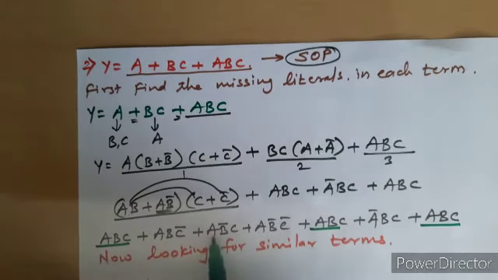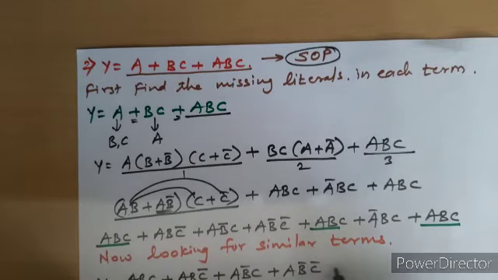No. A B C bar? No. So no similar terms. So my final equation can be y equal to A B C plus A B C bar plus A B bar C plus A B bar C bar plus A bar B C.